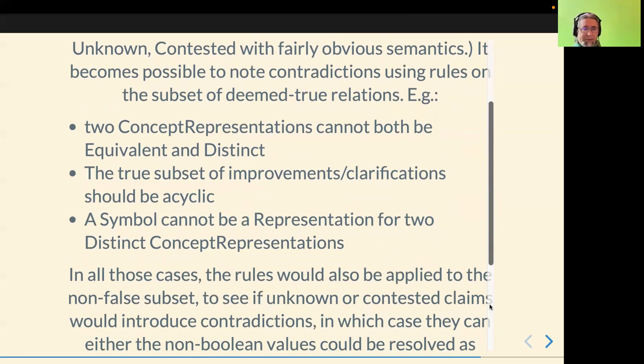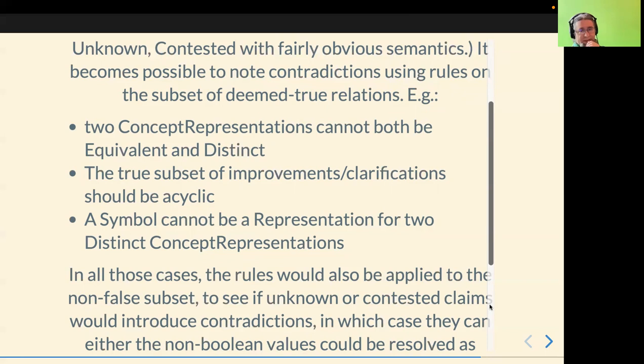Do I have, for example, concept representations that are both the subject of a deemed true equivalence relation and a deemed true distinct relation? Then there's a contradiction. If the deemed true subset of improvements should be acyclic, you should not have a cycle of improvements within a perspective.